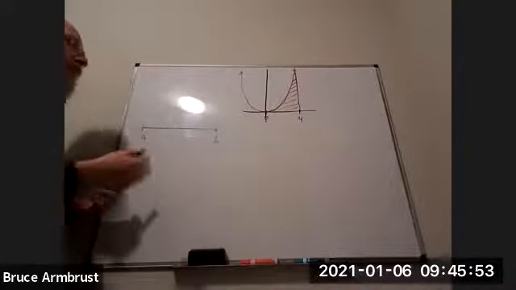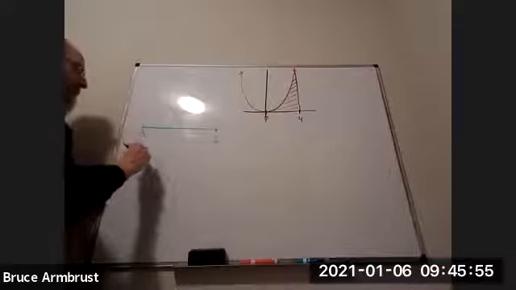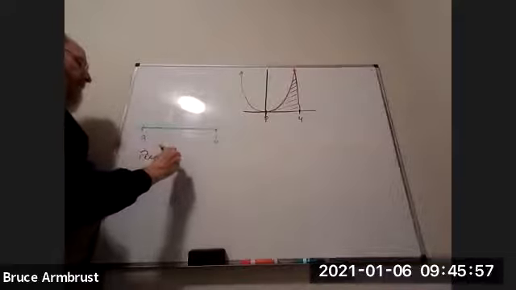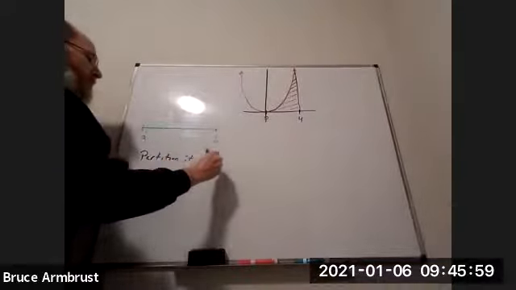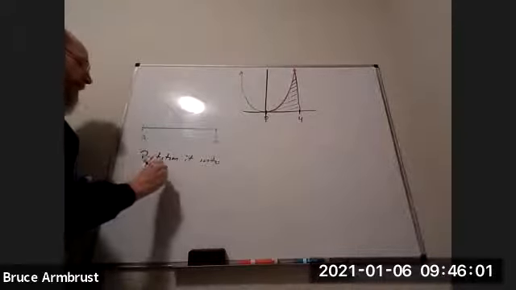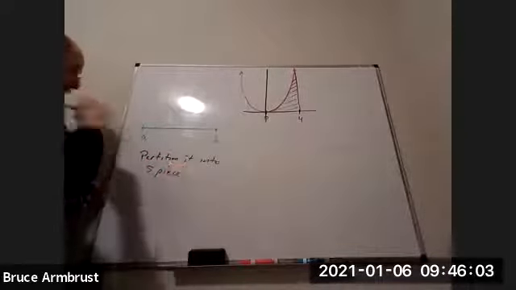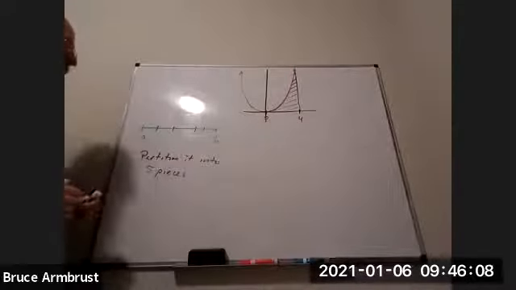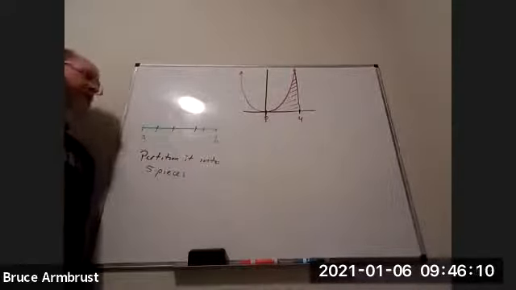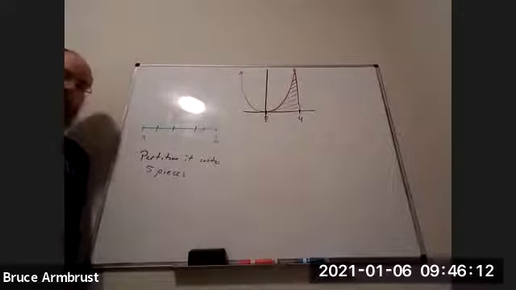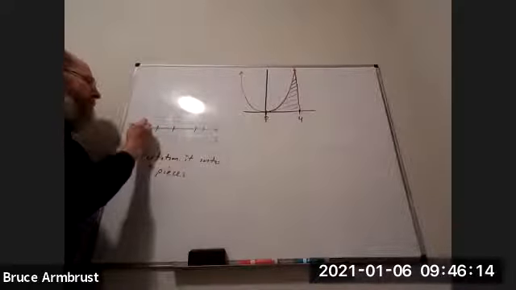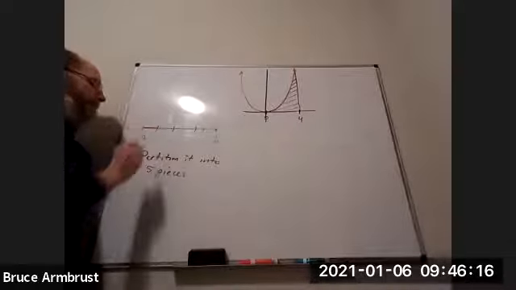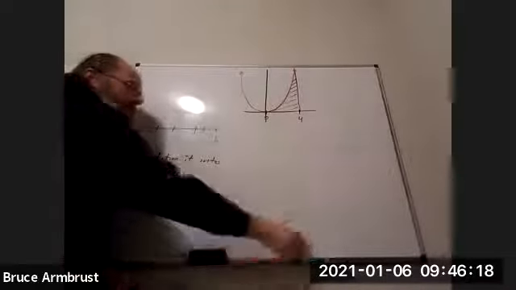All right, so for example, I'm going to partition it into, let's say, 5 pieces. All right, so there you go. I just partitioned it into 5 pieces. Here's piece number 1, the red one.